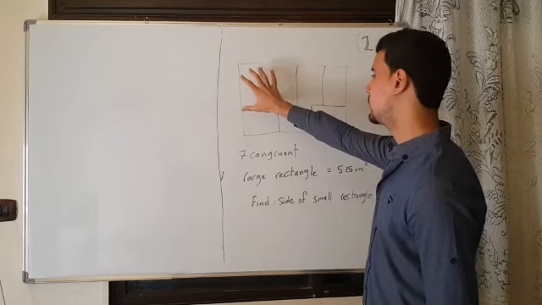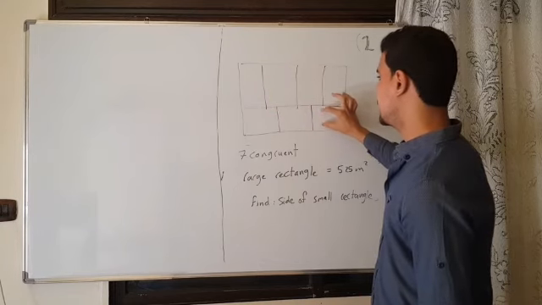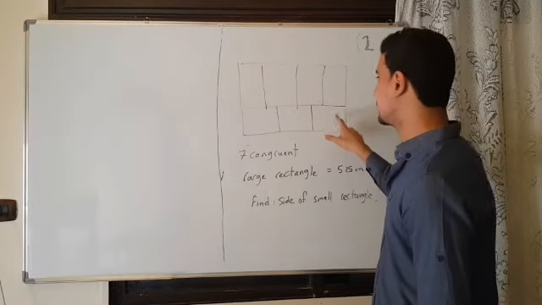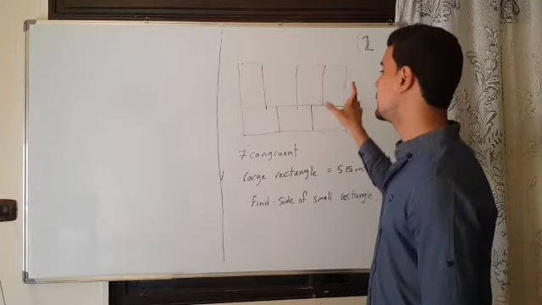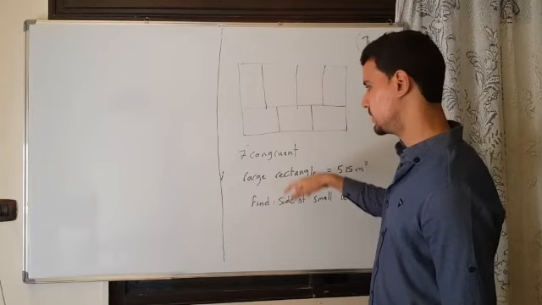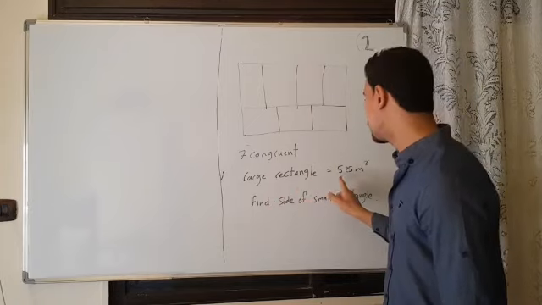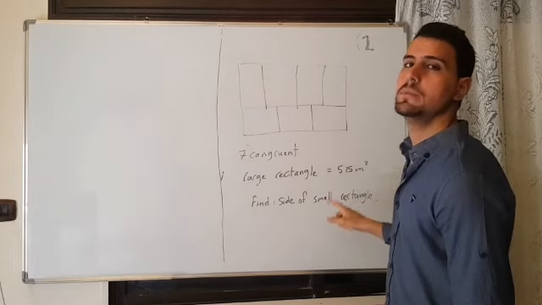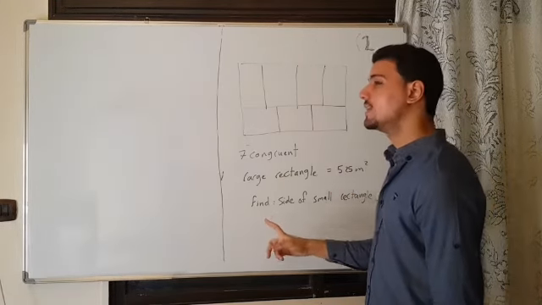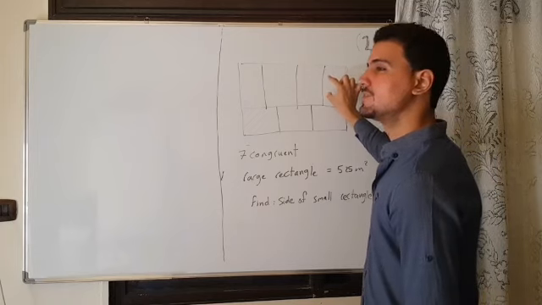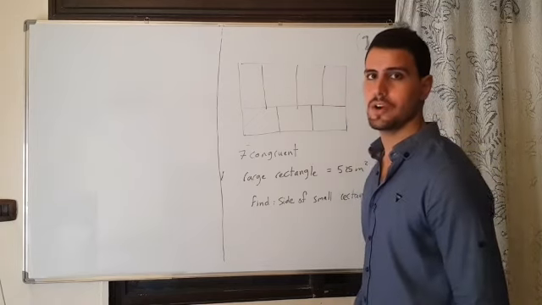This and this and this are the same, and these are the same, even though it's slid a little bit. So we have 7 congruent small rectangles and the large one. They're saying that the large rectangle has an area of 525 meters squared, and they're asking for the sides of each small rectangle of these 7.